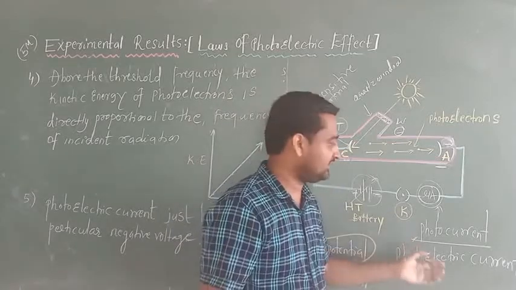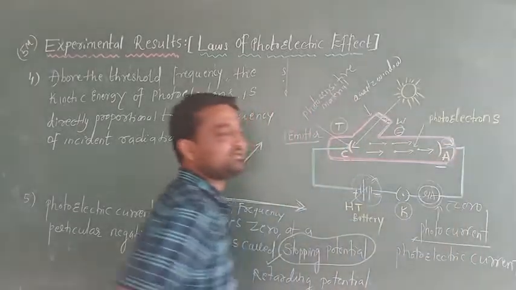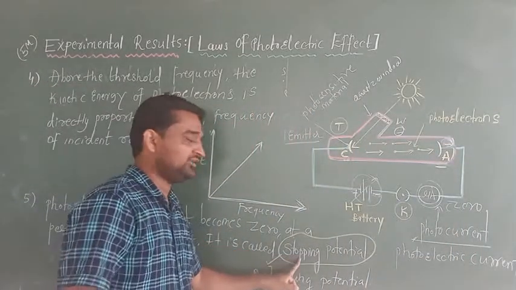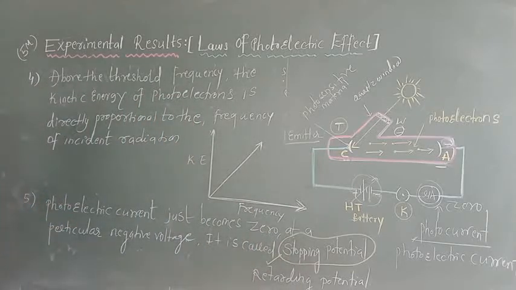At that potential the photoelectric current becomes zero. The photoelectric current becomes zero at a particular negative voltage of the anode, and that negative voltage is called as the stopping potential.